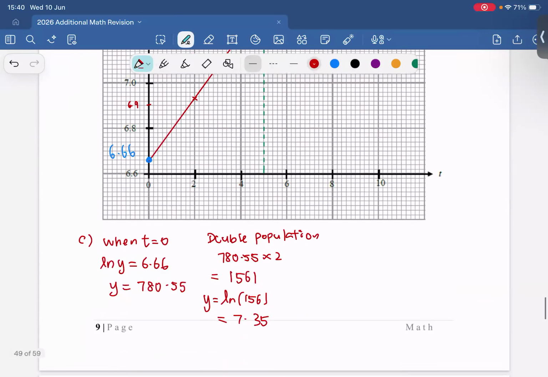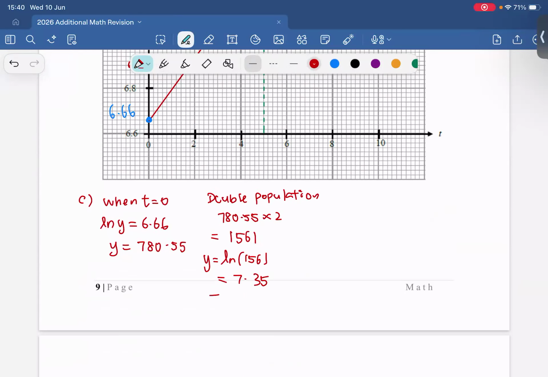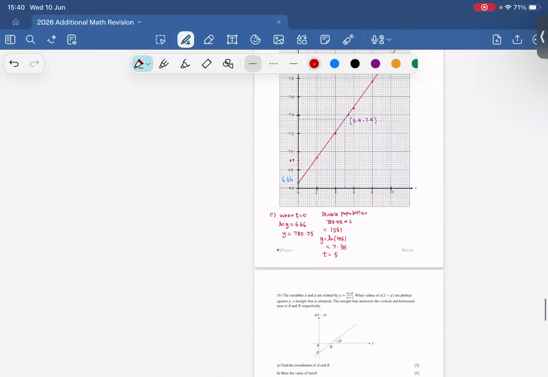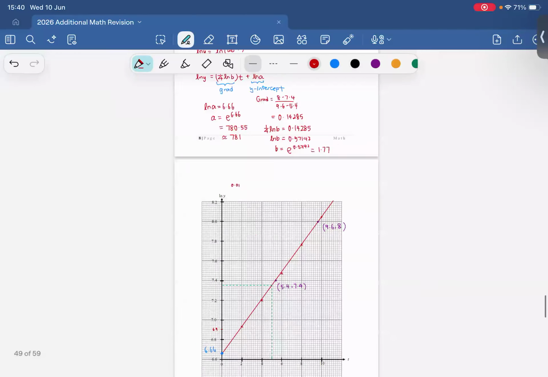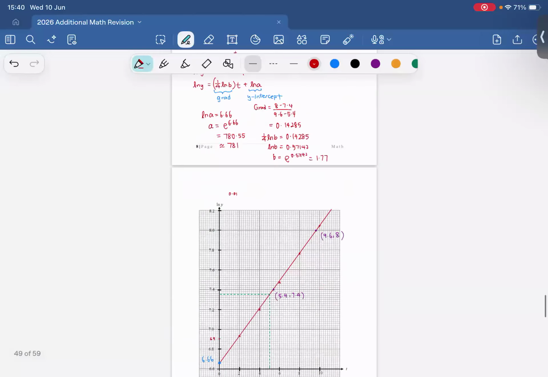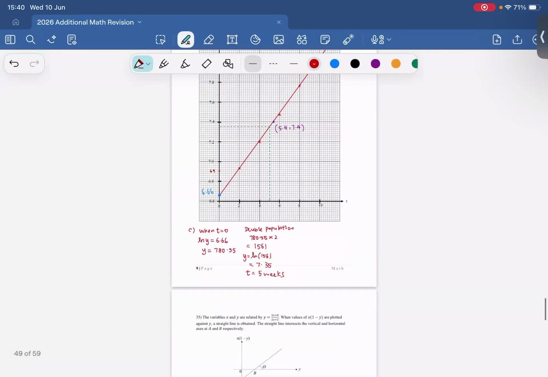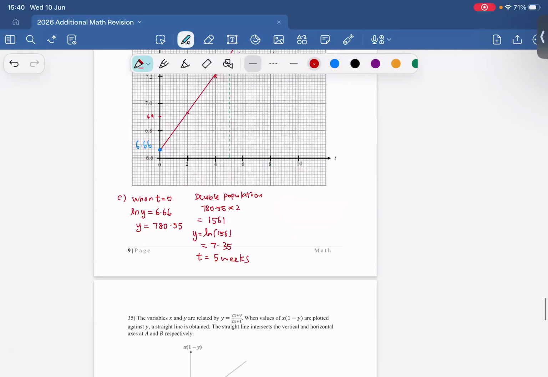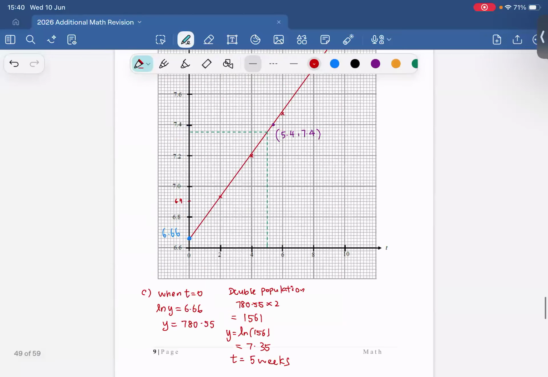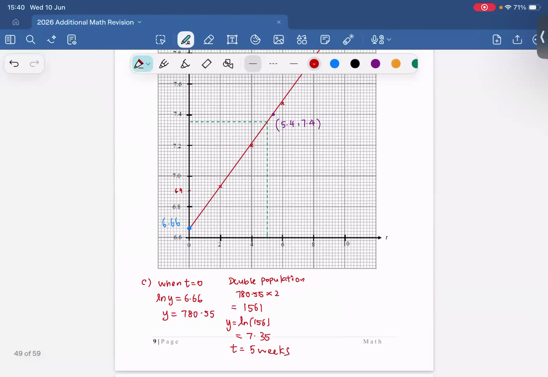Okay, so when y is 7.35, t is equal to 5. So that means it's going to take 5 weeks. Okay, you cannot just take 6.66 times 2. Remember, your population is y, not ln y. So y times 2, so you have to find y first.